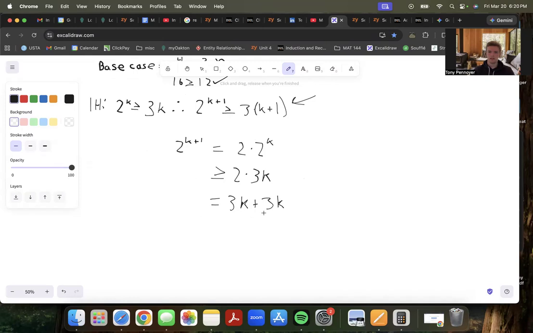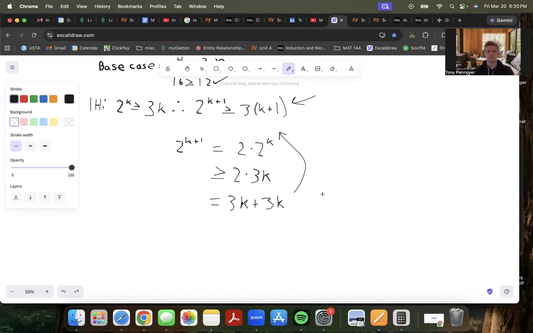And since we're trying to get to 3 times k plus 1, we want to make this even smaller, substituting something for this.